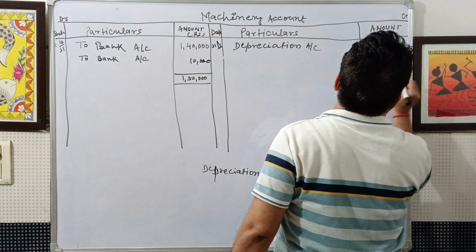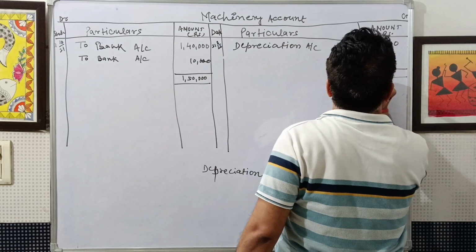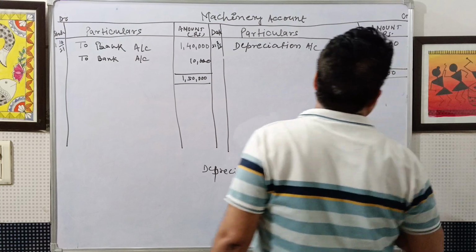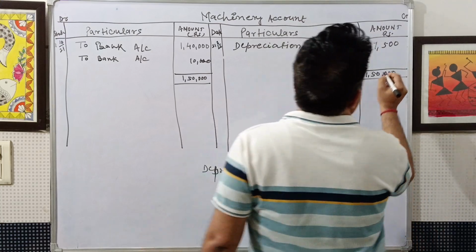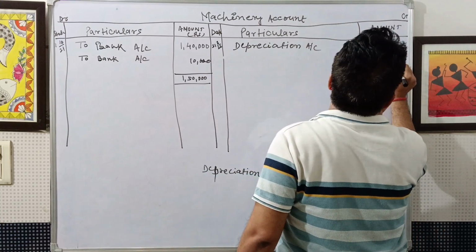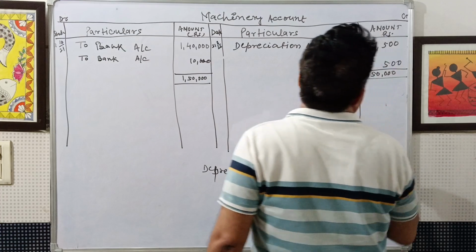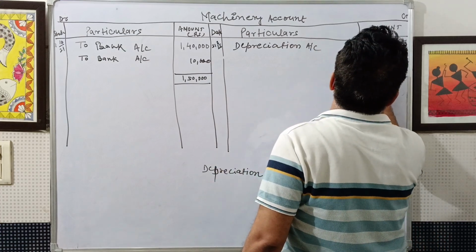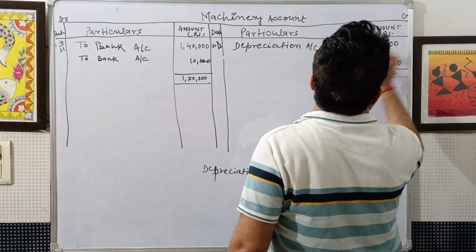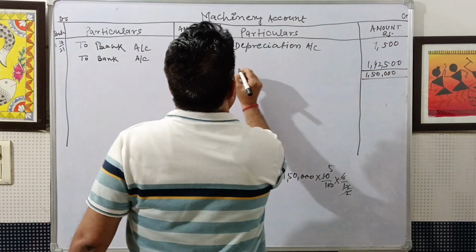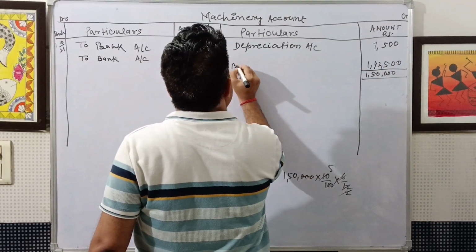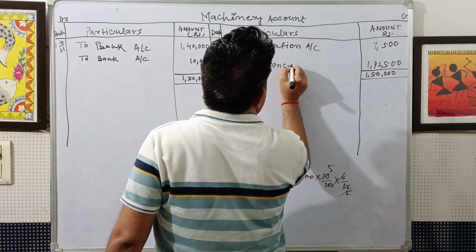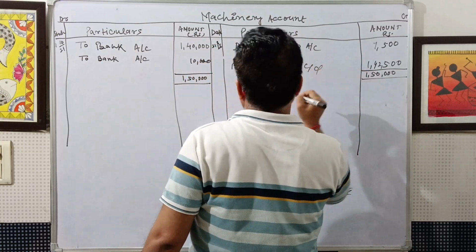Now right here 1,50,000 by balance CD, carry on.